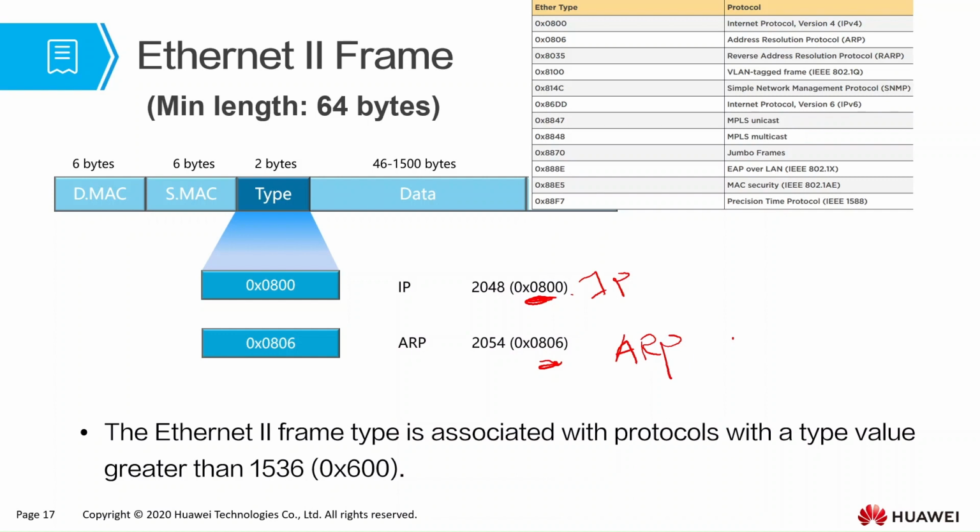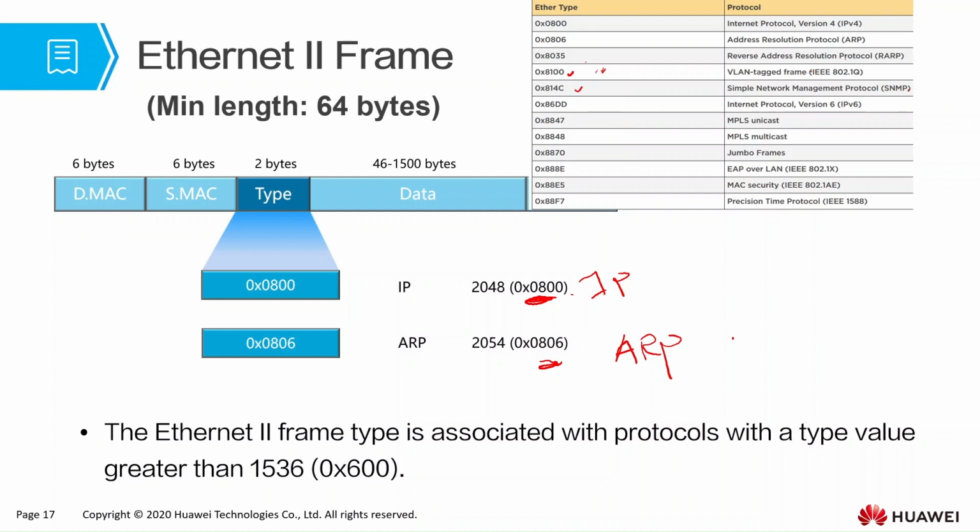If you have more memory, you can memorize more. 0x8035 is reverse ARP. And then you have VLAN at 0x8100, because later when we learn VLAN, you will also explore it. SNAP is at 0x88CC. So these are all the protocols under the Ethernet.